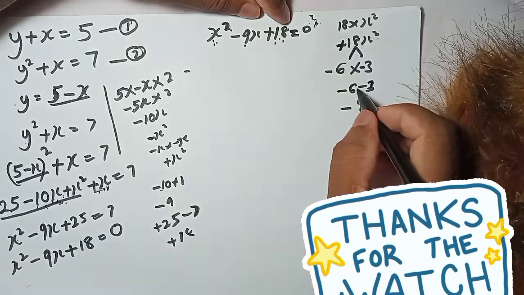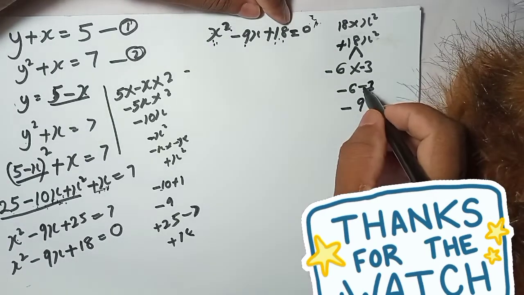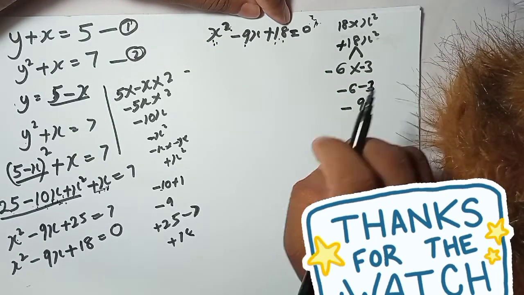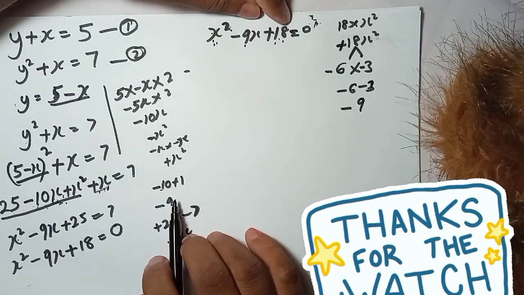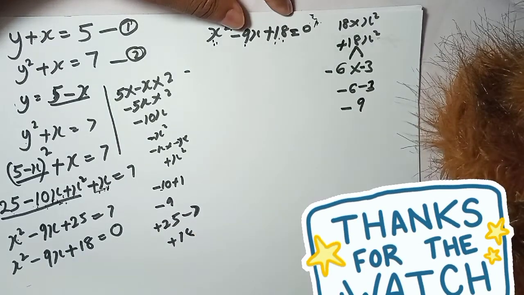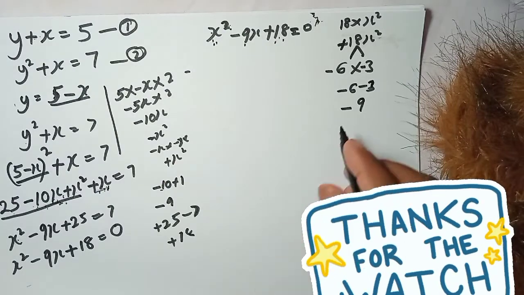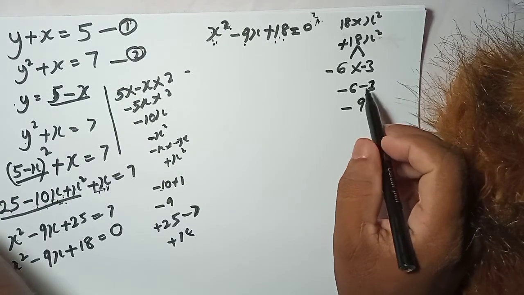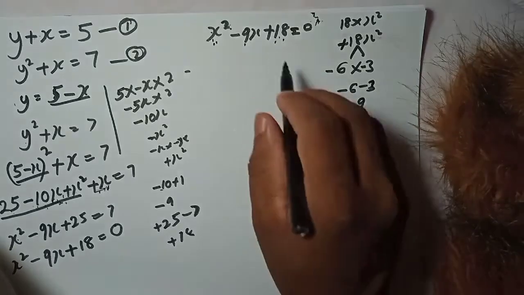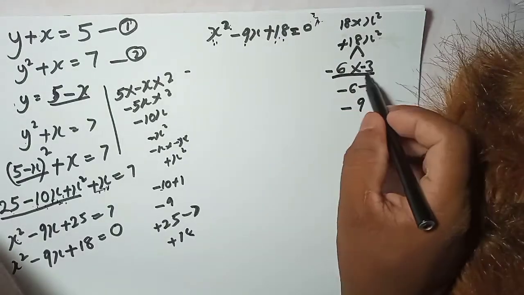If the signs are different, we put the bigger one's sign and get the difference. If you have the same sign, we put the same sign and sum, right? Here will be 9. So we can get this number now. So these are the numbers you have to choose.